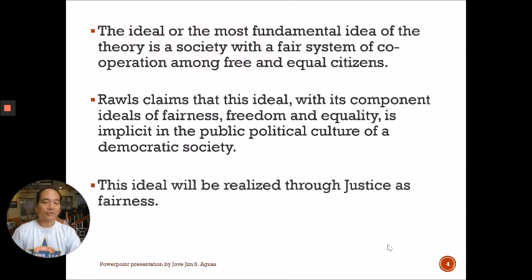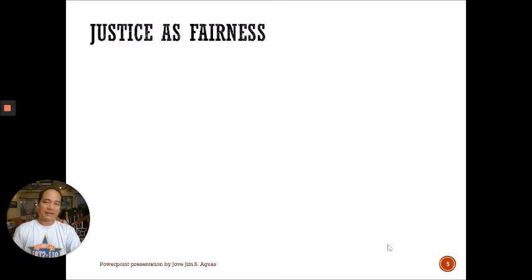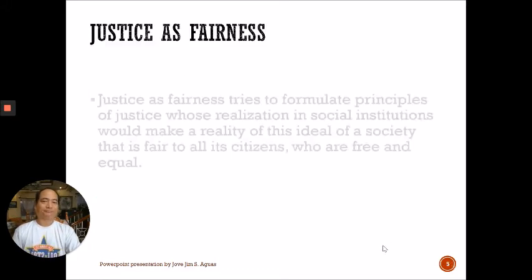Right? So, this ideal, according to Rawls, based on his theory, will be realized through justice as fairness. Justice as fairness. So it's very important. So what is justice as fairness?